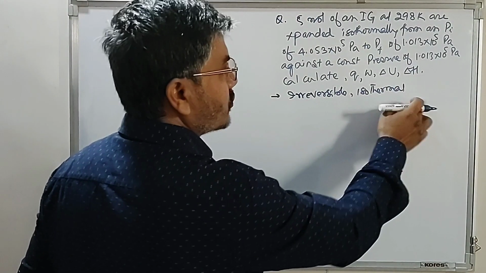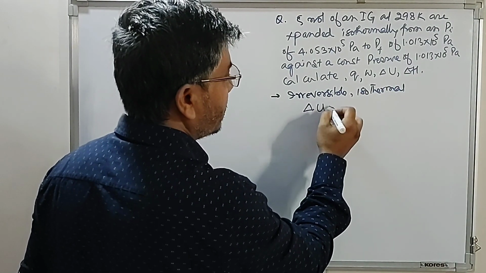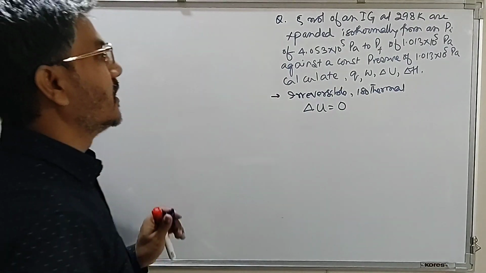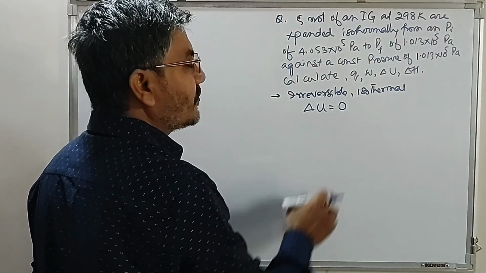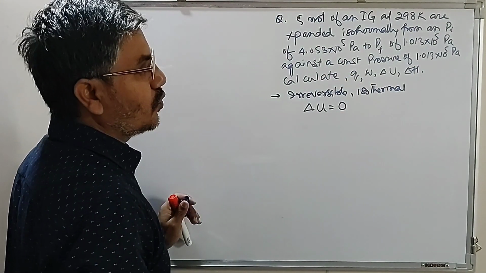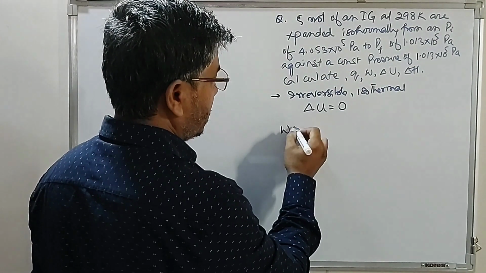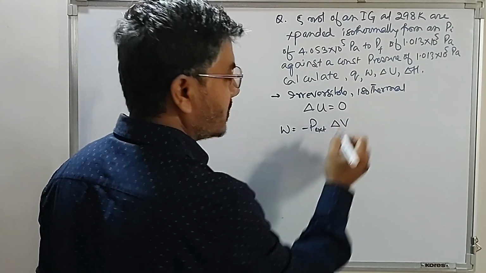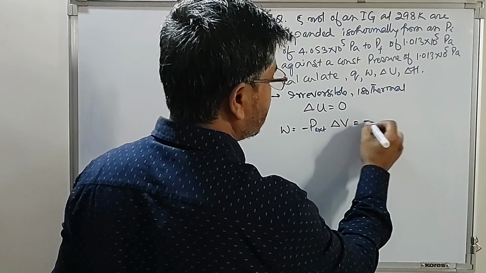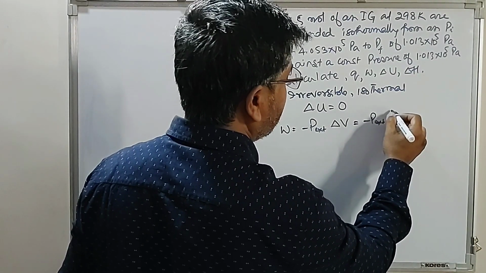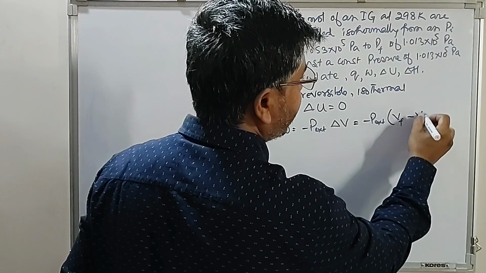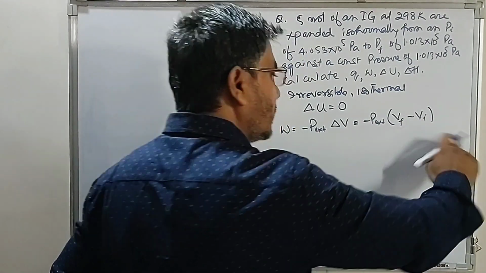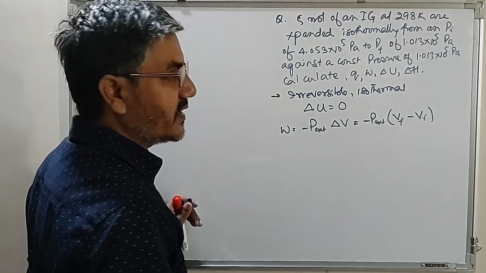So for this isothermal process, first thing is delta U is equals to 0. Now we have to find the value of work done. So work done is minus P external into change in volume. So we say this is minus P external into final volume minus initial volume. We can express this final volume and initial volume in terms of initial and final pressure.